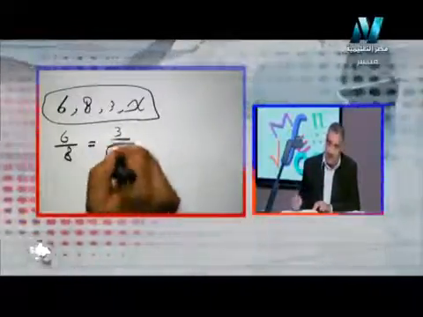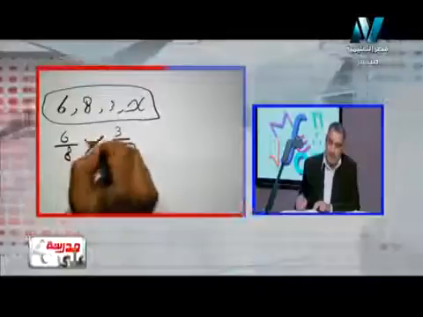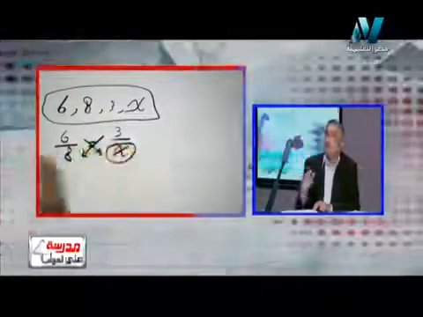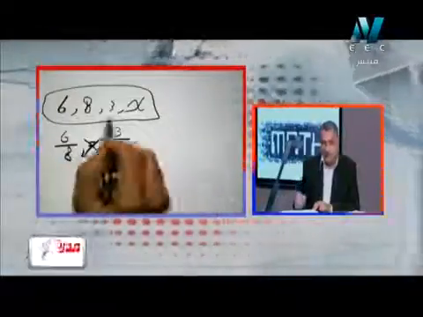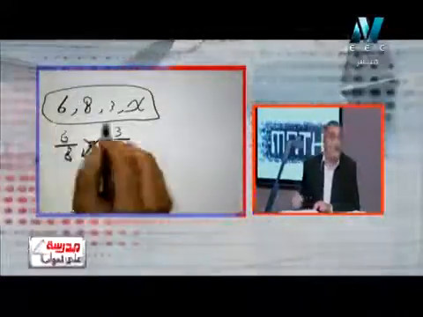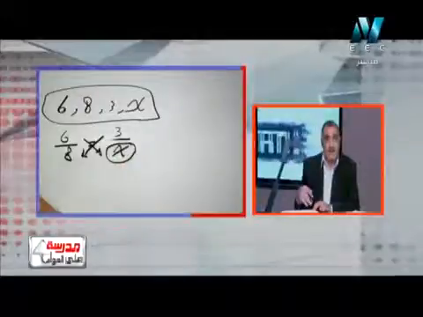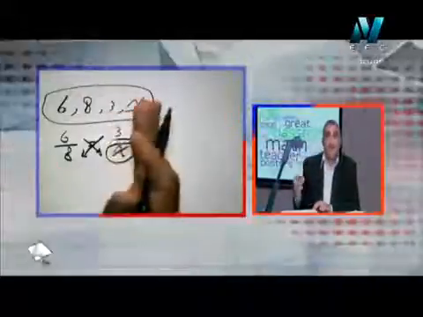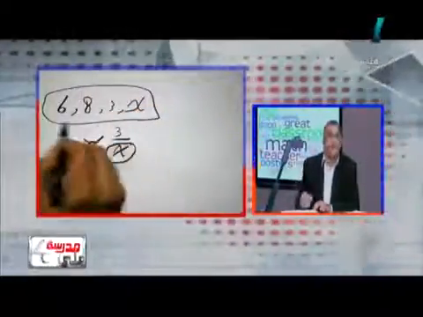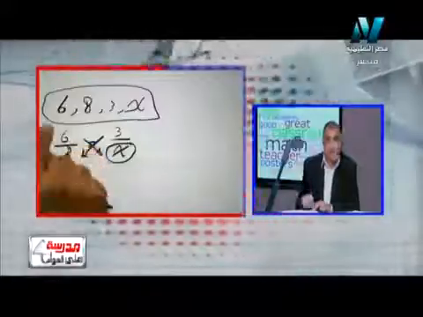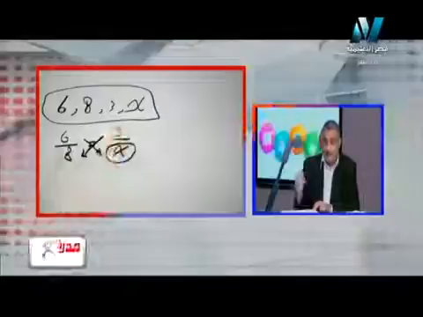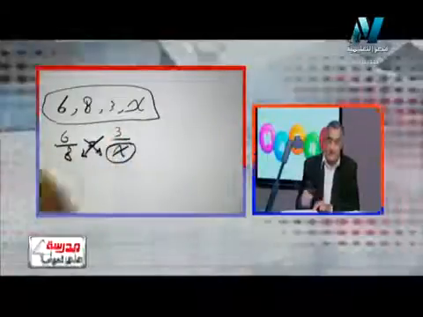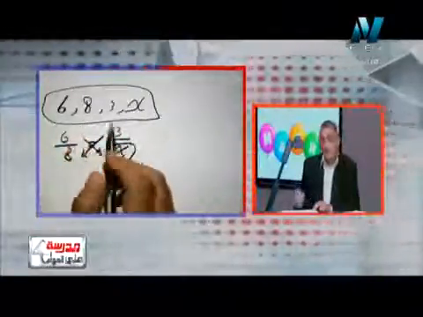How can we find the value of x? By using the same rule, the product of means equals the product of extremes. First, we have to rewrite these four numbers: first over second equals third over fourth. Whatever the position of x may be, in the first place, second place, third or fourth, as in this example, 6 over 8 equals 3 over x.